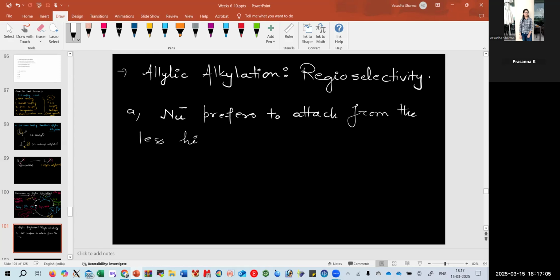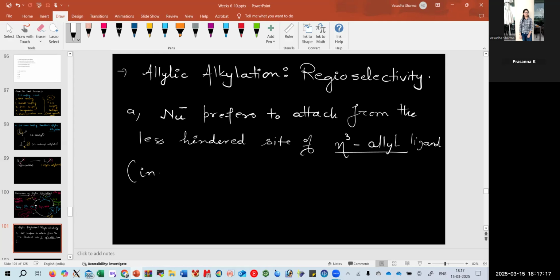Which means the less hindered side of the eta 3 allyl ligand, including there would be some electronic effect also, which you can consider, coming from the catalyst.